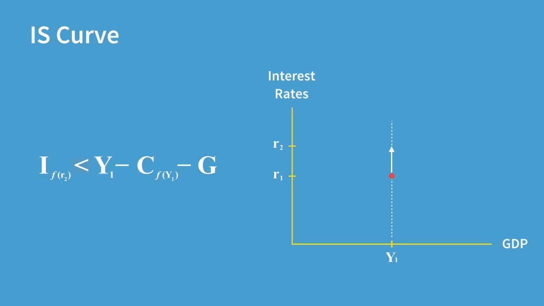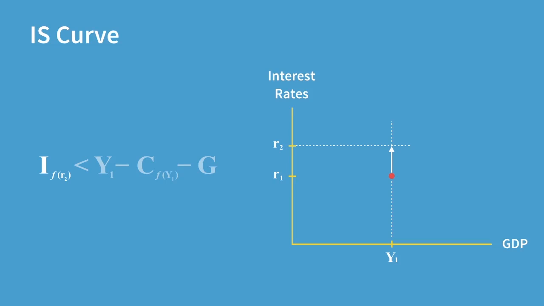So now we have an expression which says that when investment is based on an interest rate level of R2, that figure will be less than the right-hand side of the equation which is based on Y1.